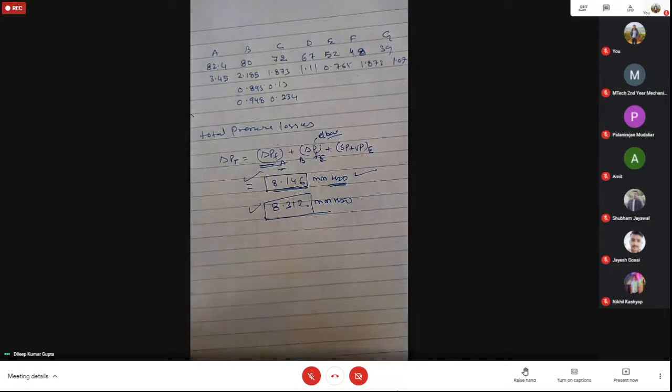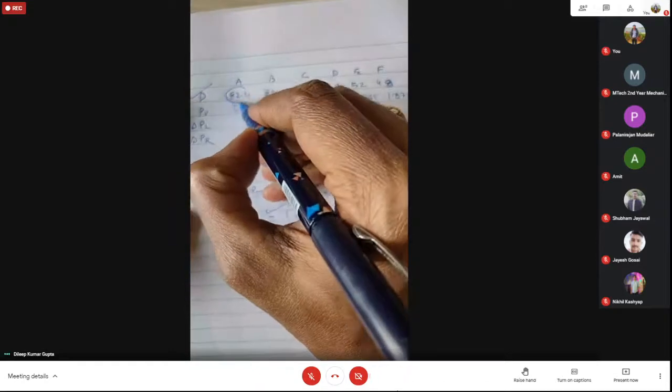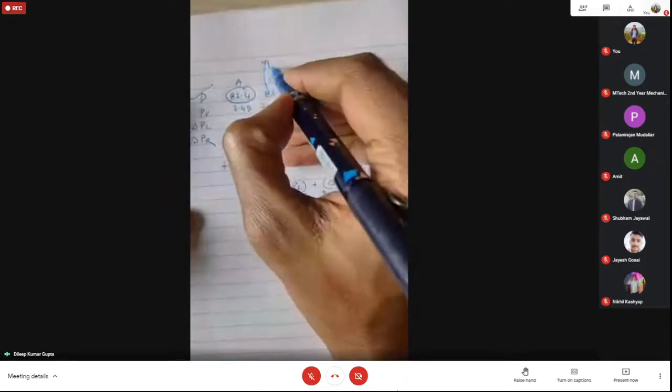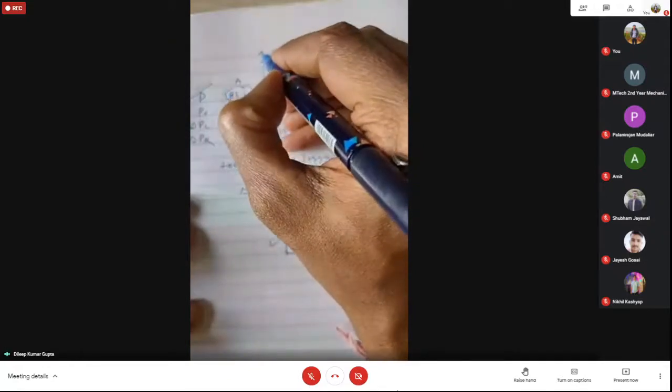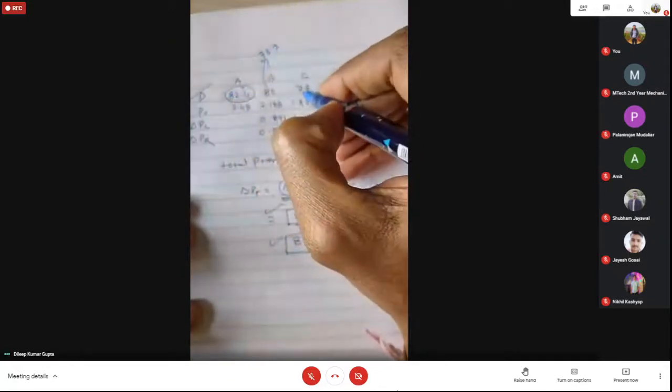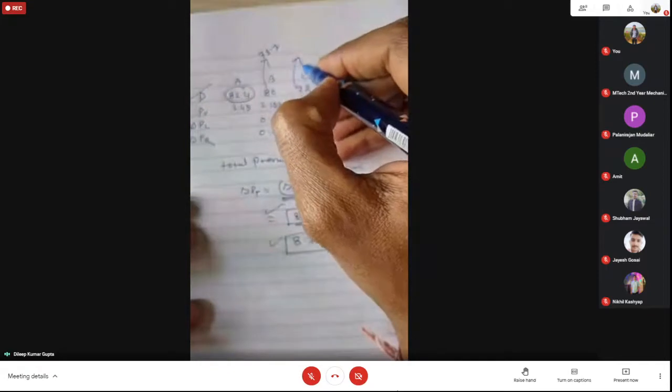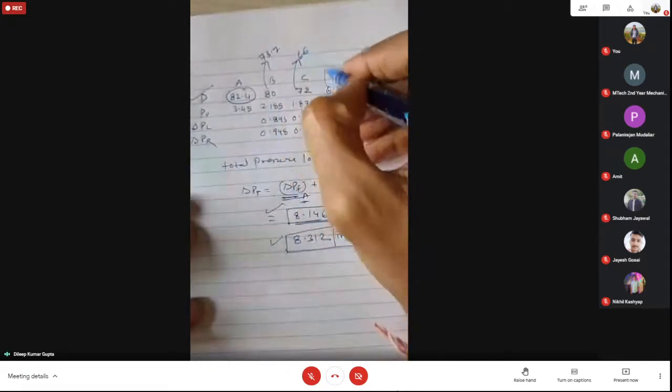As far as the sizing is concerned, you may observe that this value remains constant for both cases. This value in this case is 80 and in this case it is 73.7. This case it is 72, earlier it was 66.